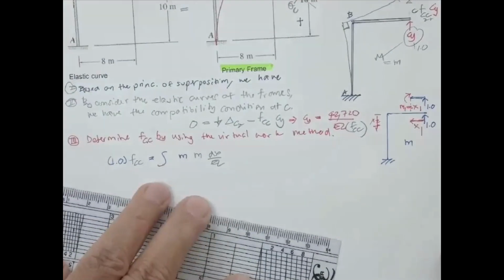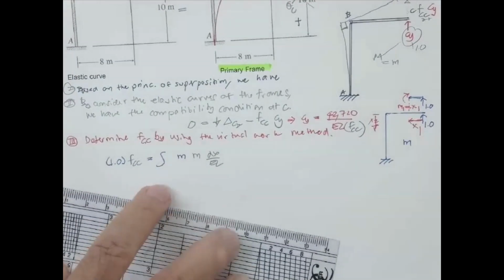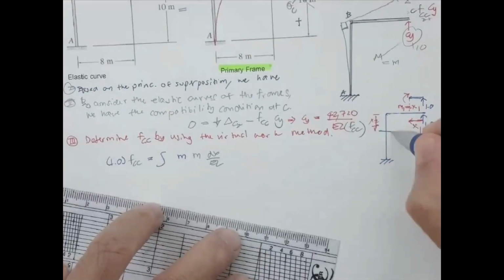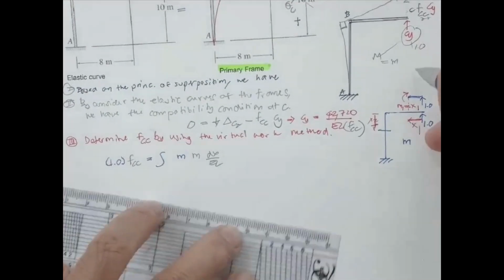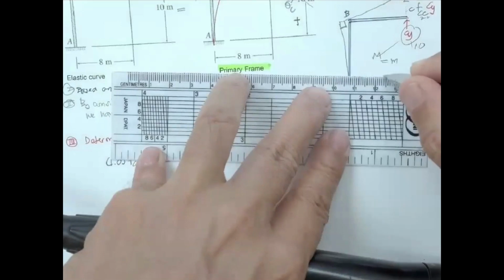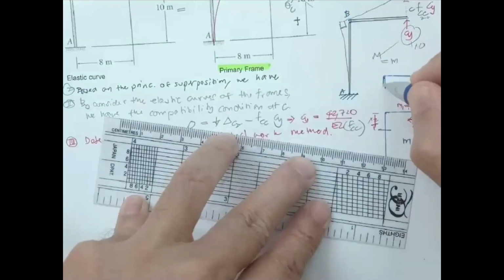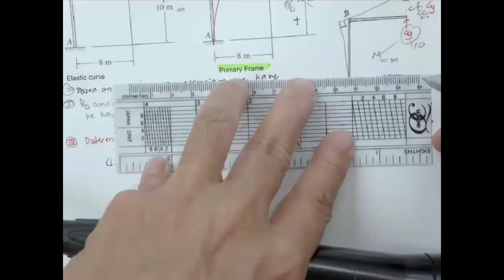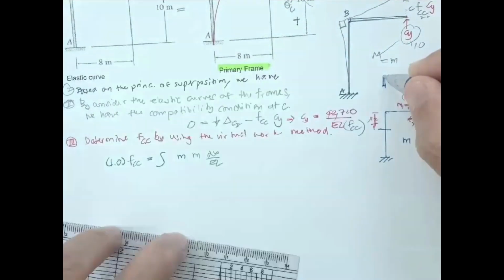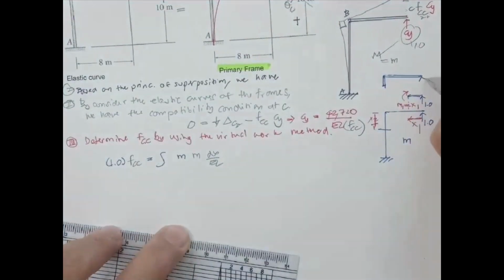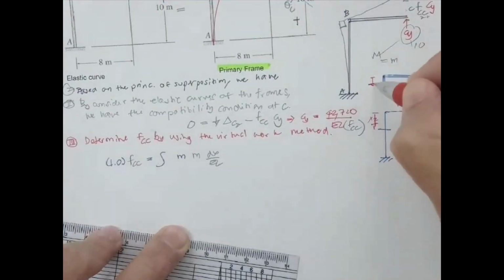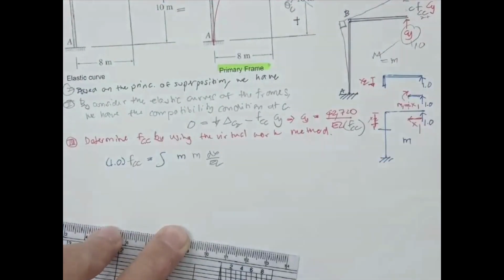Then for this one, cut it over here, and this is your free body diagram, subjected to 1.0, and this is going to be your x2.